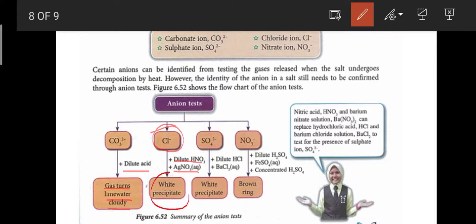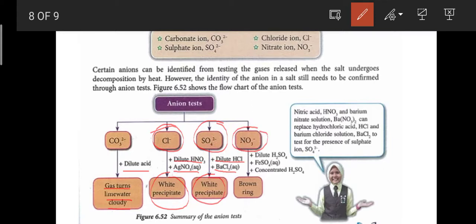It will form white precipitate. Okay, and then for sulfate salt, when you add dilute hydrochloric acid and barium chloride solution, it will form white precipitate.